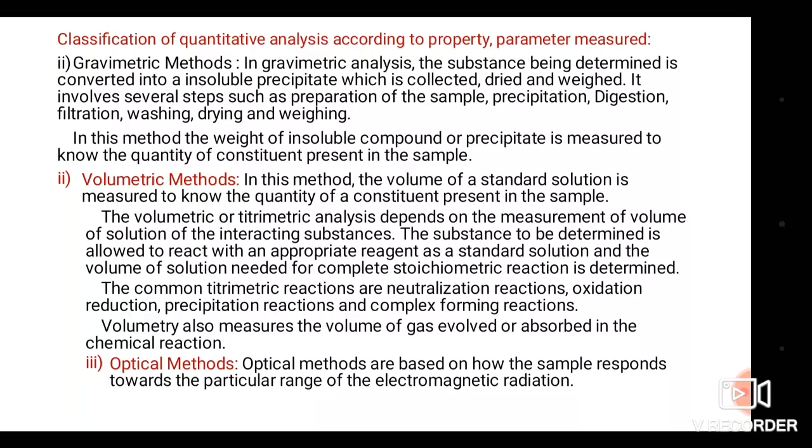In this way, we can measure the volume required for the stoichiometric reaction, whether neutralization, oxidation, precipitation, or complex forming reaction. Volumetry also measures the volume of gas evolved or absorbed in a chemical reaction. So that is about the volumetric method.